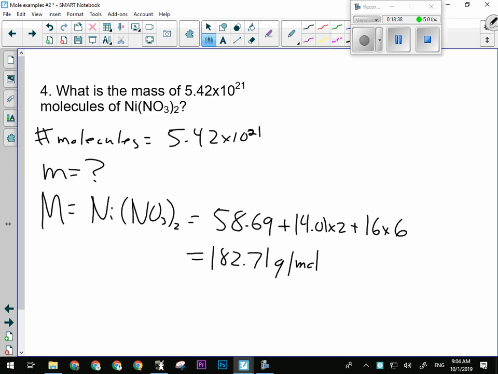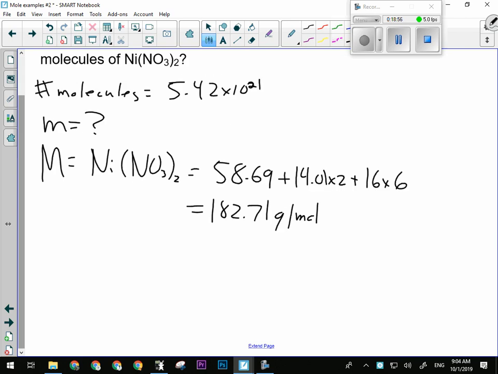So what I have right now is the number of molecules and the molar mass. If I'm going to get the mass, I still need the number of moles. Okay, can I use the number of molecules and Avogadro's number to get n, the number of moles? Yes. Okay, and I would do it this way. In the last one, I took Avogadro's number and I multiplied it by n. And that gave me the number of molecules.